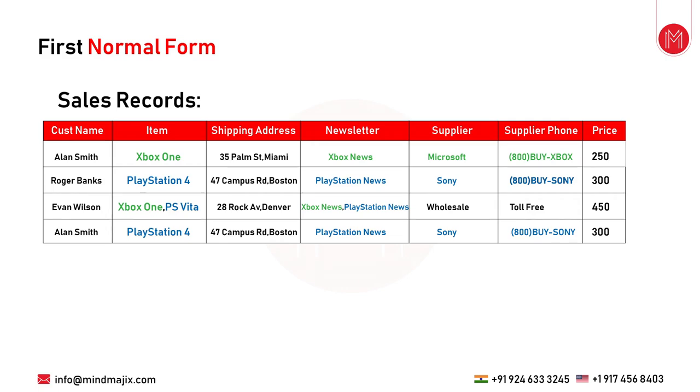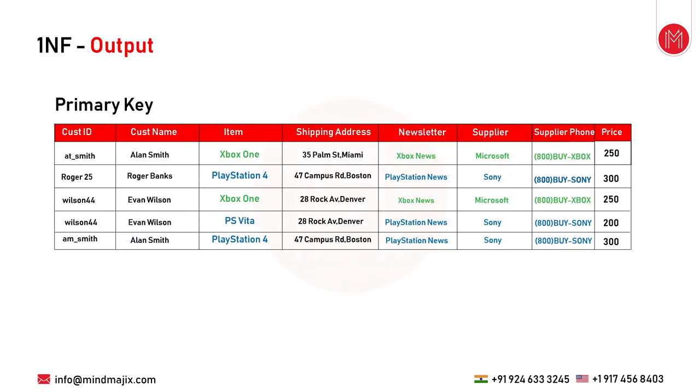Second, entries in the same column type. Now, if we apply the first normal form on this particular sales record, the output should look like this. Let me show you the output. You can see each sale to be single valued. So you can see over here for the newsletter where there were multiple values against Ivan, we have assigned a customer ID first of all, and each of the sales now has a single value.